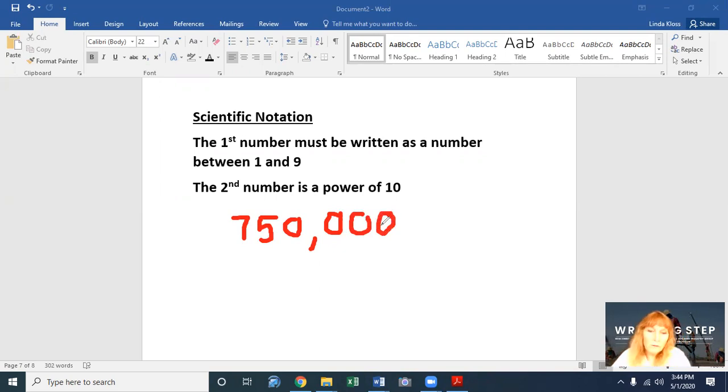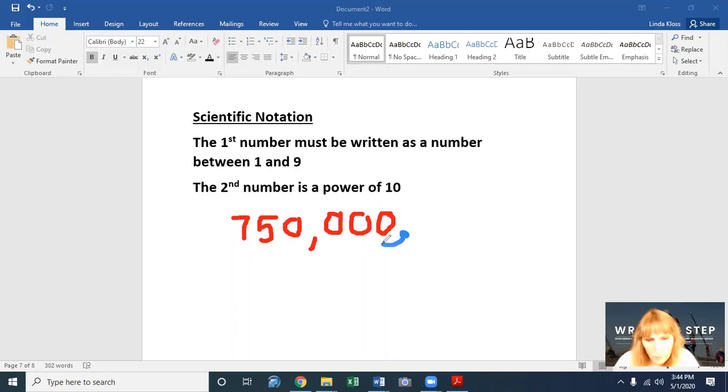So 750,000, how do I write that in scientific notation? Well, my first number has to be between 1 and 9. So I have to move my decimal. So there's an assumed decimal after a number to be at the end of the number. So there's my decimal now. But I need it to be in a spot where I get a number between 1 and 9.